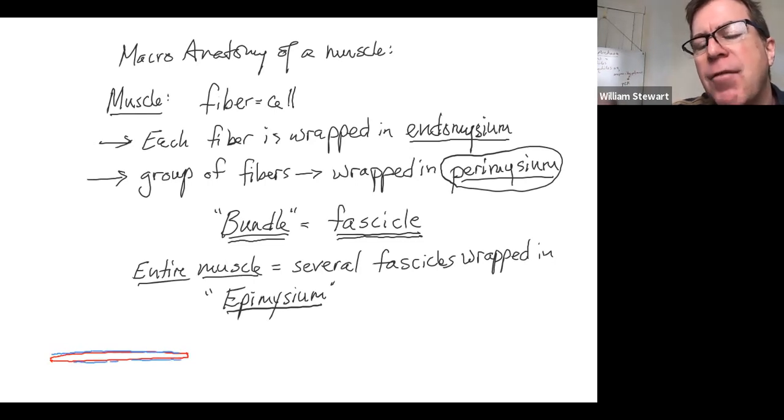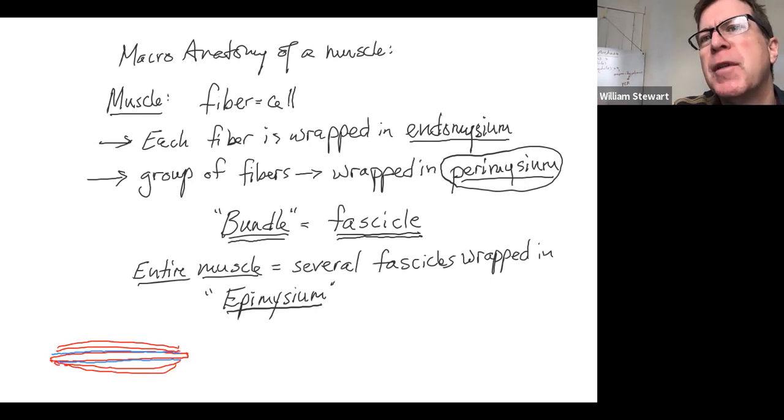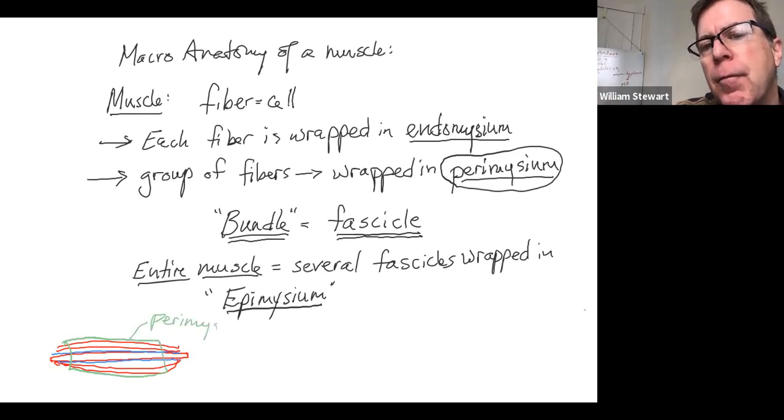Then if we take several of those wrapped individual fibers and we bundle them together and we wrap those in a slightly heavier connective tissue called perimysium. So the green is perimysium. And what we've created is a bundle of muscle fibers called a fascicle.